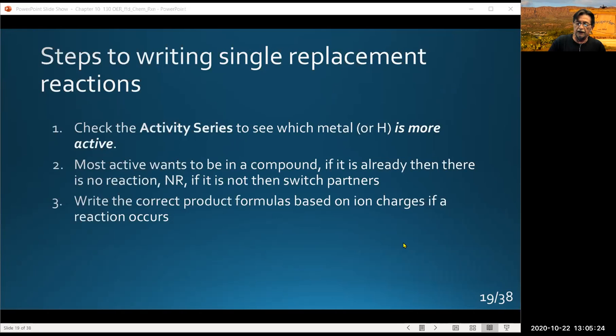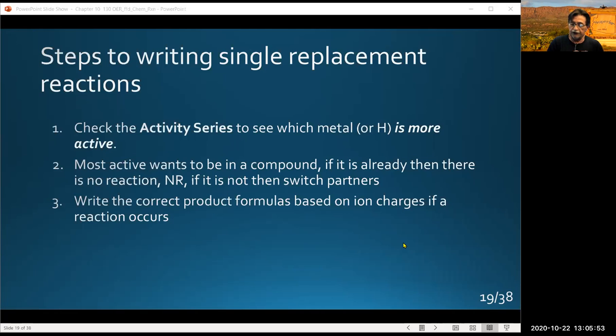We talked about using the activity series for the single replacement reaction to determine whether a reaction will proceed as written. We first compared the metals and found out which metal is most reactive. Once we determine which metal is the most reactive, you ask the question: is the most reactive metal already in a chemical form or in a salt form?